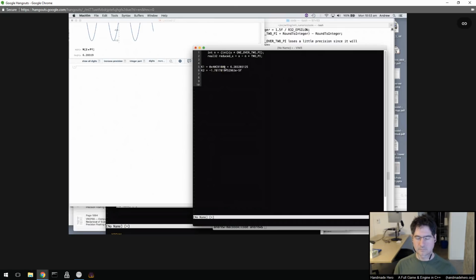I designed this constant to have 12 zeros at the end of the significand field. And that means that we can multiply this by an integer up to a power of 2.